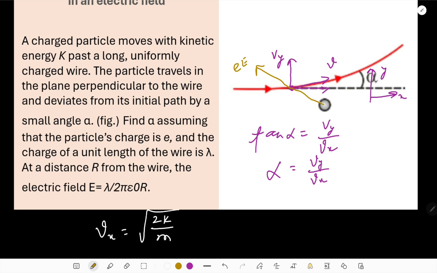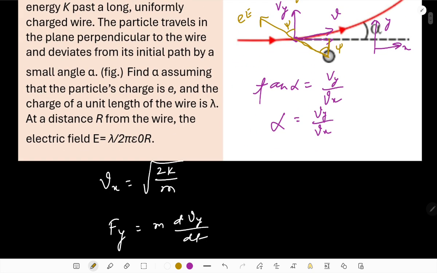And I would like to call this angle psi. If this angle is psi, this angle is also psi, so the force Fy acting here will be eE cos psi.